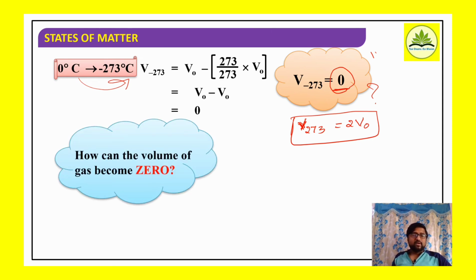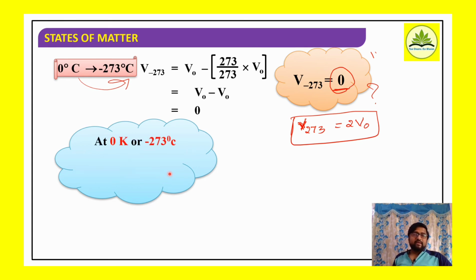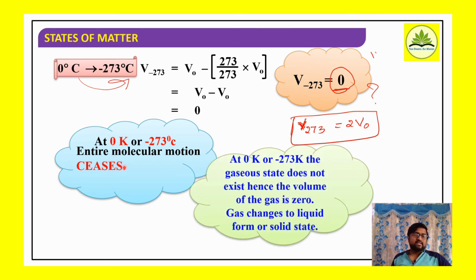How can the volume of a gas become 0? Actually, what happens is that when the temperature changes from 0 to minus 273, that is 0 Kelvin, or minus 273 degrees Celsius, entire molecular motion ceases. There is no movement of the particles itself.